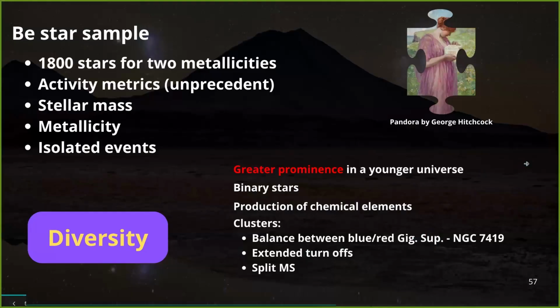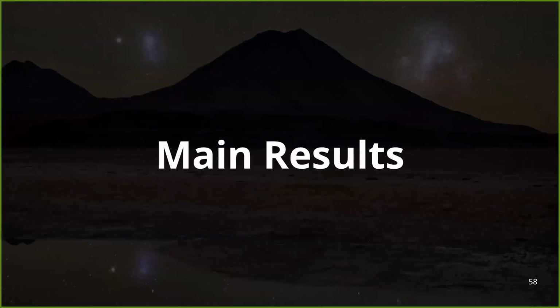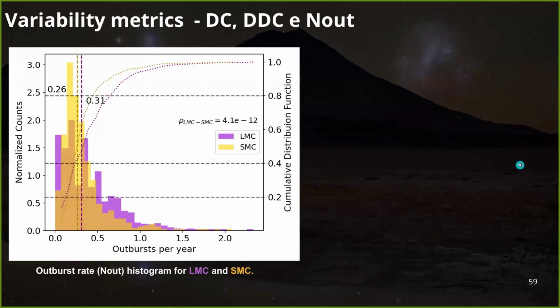Well, now finally arriving at the results, I will outline the main contributions of this work. We explore other possibilities, but I think everyone is here to listen to the main contributions of this project.